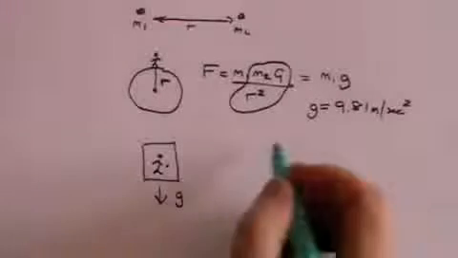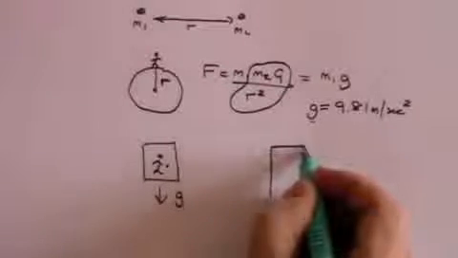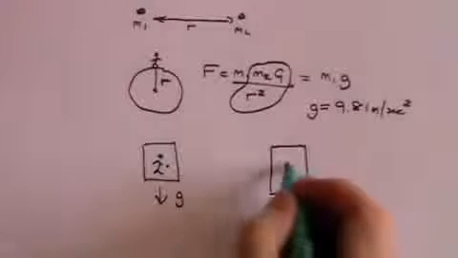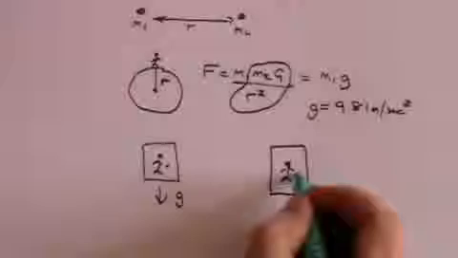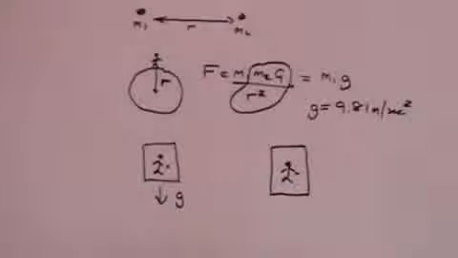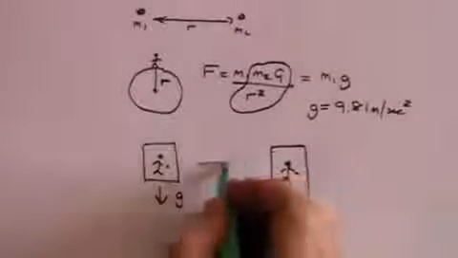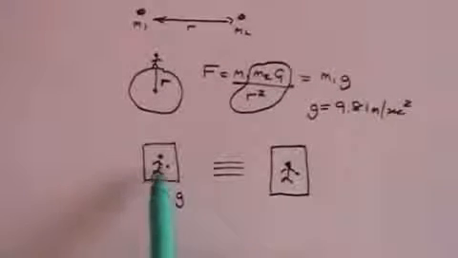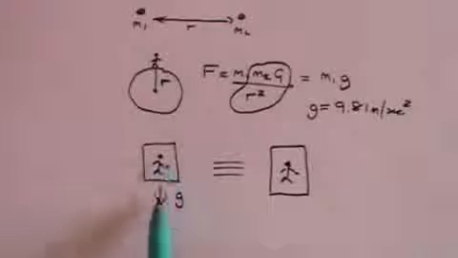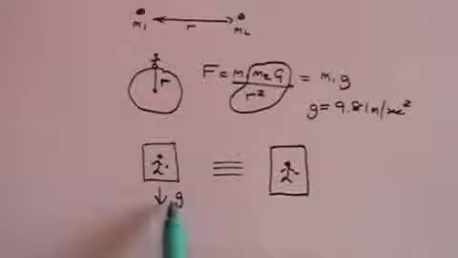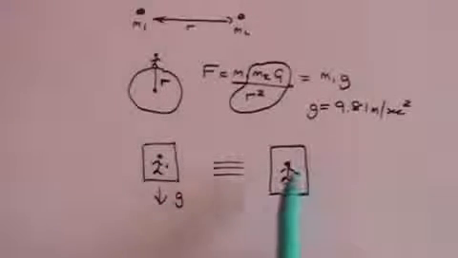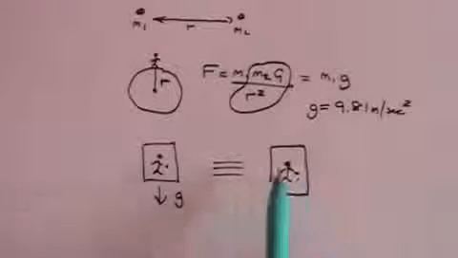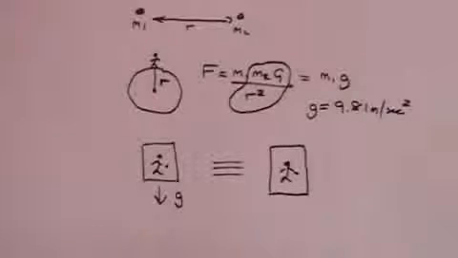On the other hand, if you were in outer space, well away from any other masses, and you were in the same box, you'd also feel weightless. And so Einstein said there was an equivalence between these two things. A person who's in a box in free fall in a gravitational field feels weightless, and a person who's in a box in outer space where there is no gravity feels weightless, and the two are equivalent.